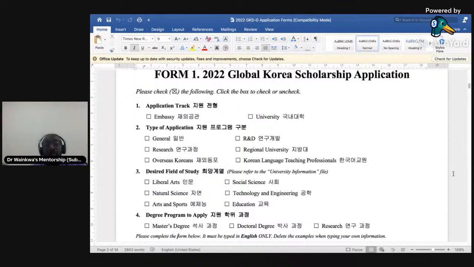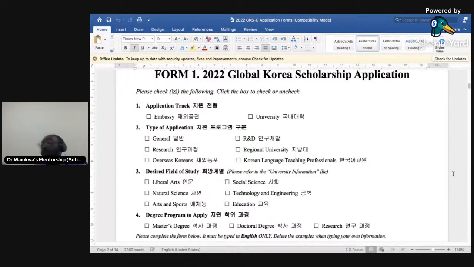Because some years, some universities are awarded to participate, some years they are not. So you have to check the university thoroughly. Do not apply to a university that is not in the list that year, because you will end up losing it.